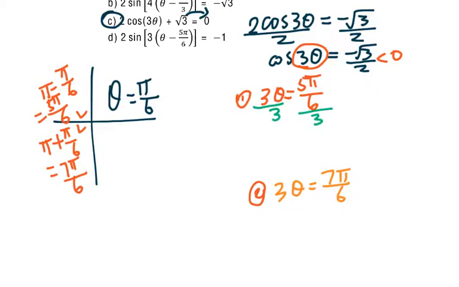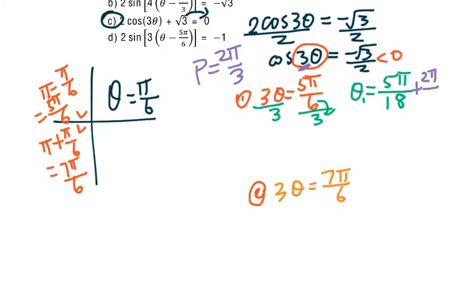Your theta will be 5 pi over 18. That's your theta 1. Then the period will be 2 pi over 3 because the coefficient of theta is 3. So I add 2 pi over 3 times n. Then n is integers.